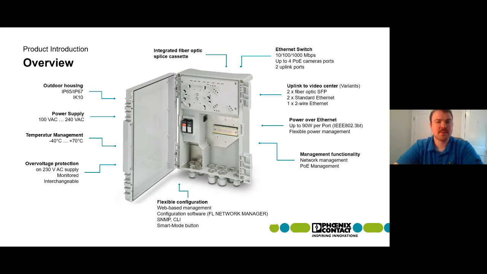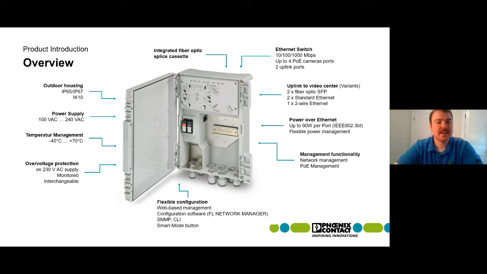This is really meant for anything like a parking lot, along a fence, anywhere that's a little bit more remote and needs to be installed outside. That's where this box fits well. There is an IP65, IP67 rating, and there is an IK10 rating. We'll get into that a little bit, but for vandal proofing, it's really secure, even though it is polycarbonate.